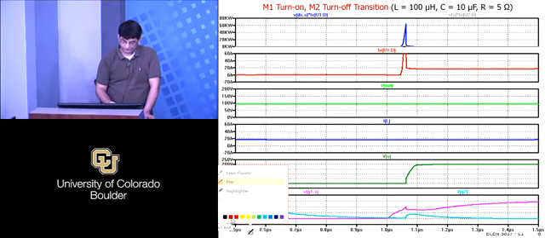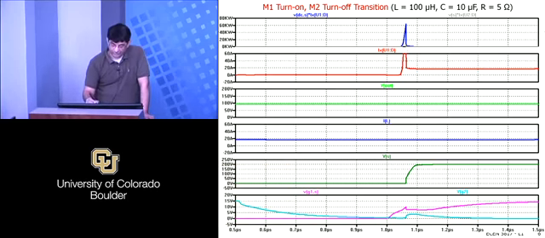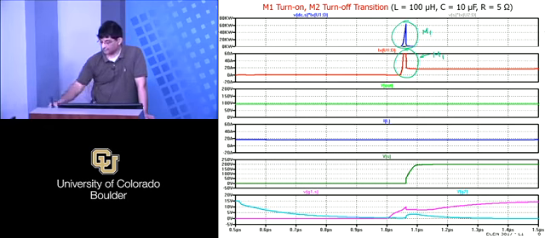One was a large current going through M1 when M1 was turning on. So this is the current through M1, and then we also saw a large amount of energy going into M1. So this is all related to M1.